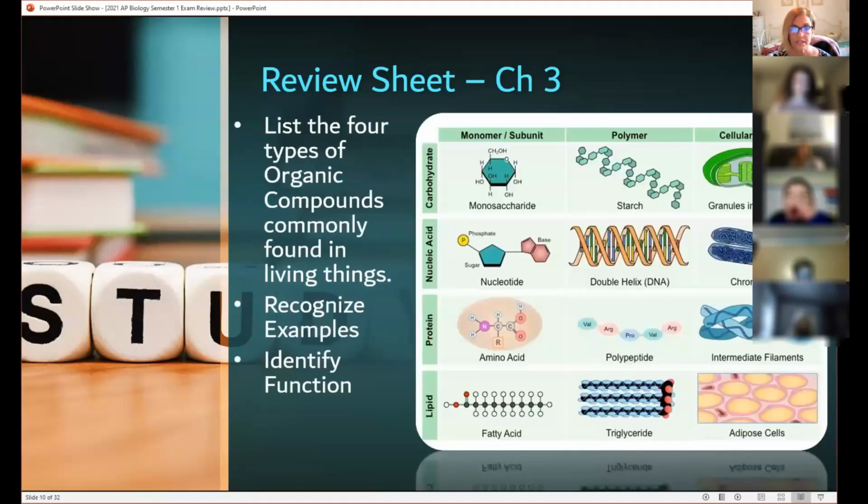And then you do need to know categories, be able to recognize examples and functions. So our categories are the saccharides, the carbohydrates, the nucleic acids, the proteins, and the fatty acids. Fatty acids, I think on the test I asked you about its job, its insulation.